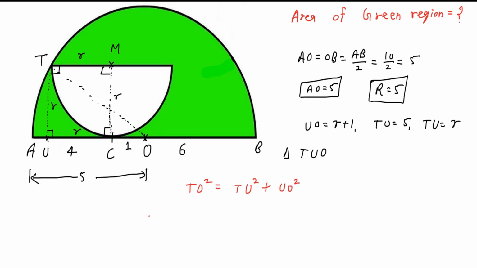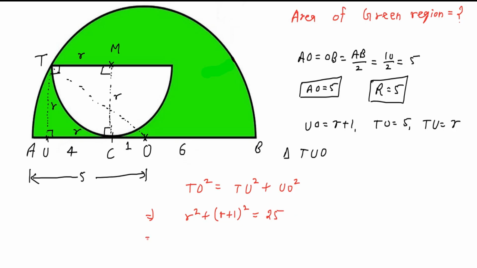And if we put all the values, from here we can write, very first, TU square plus UO square. So TU square will be r square and UO square will be (r plus 1) square, and TO square will be 5 square, that will be 25.